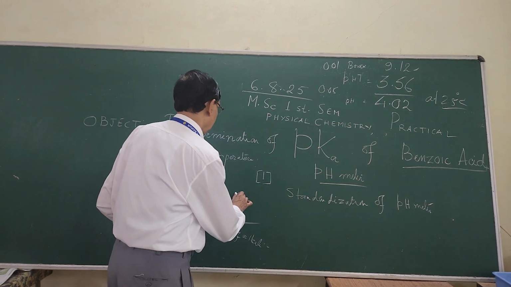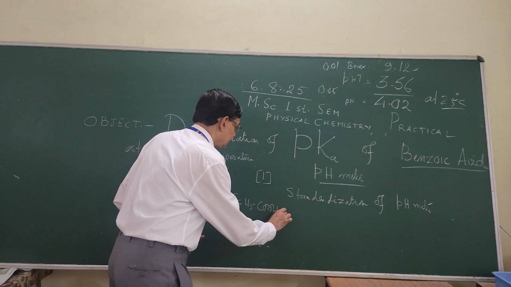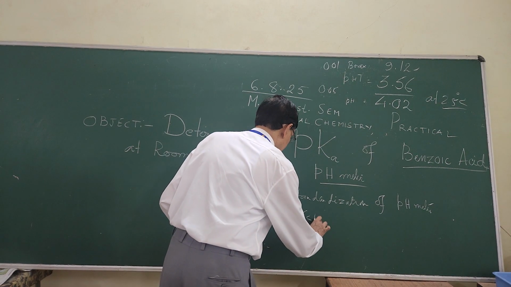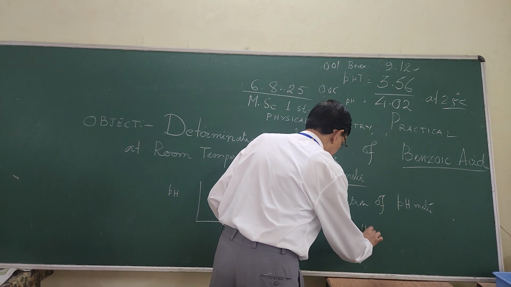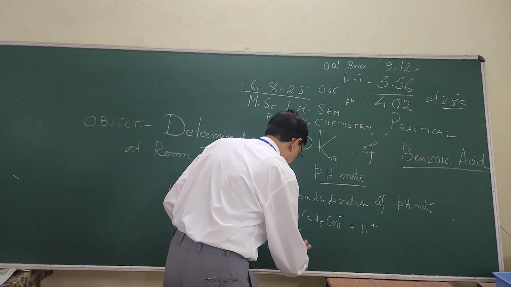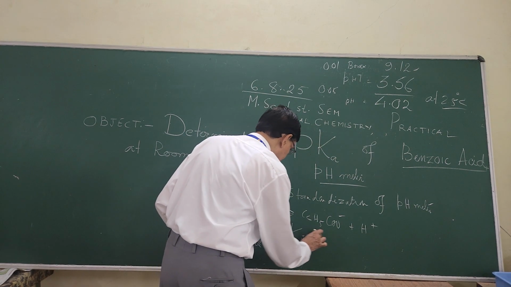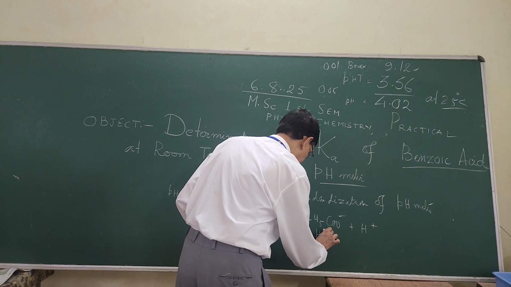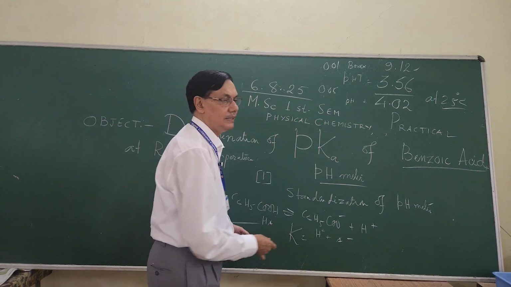If I take benzoic acid, C6H5COOH, and C6H5COO negative and hydrogen, you can write HA and A negative like that and calculate the K.